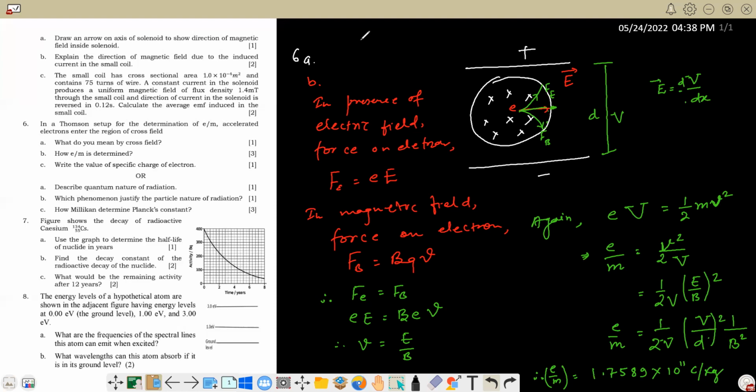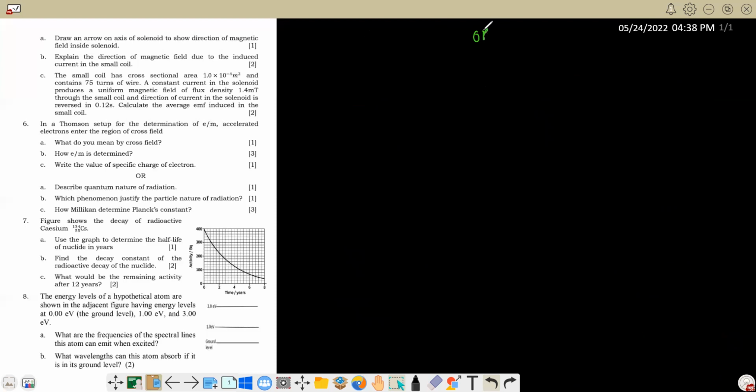Let us look at the OR question first: describe the quantum nature of radiation. Einstein was the first person who could correctly figure out the quantum nature of light. Quantum nature of light means the light or the radiation consists of packets of energy called photons.